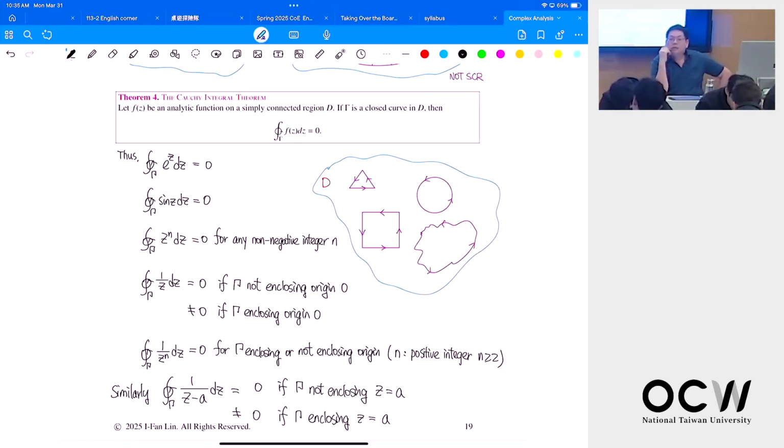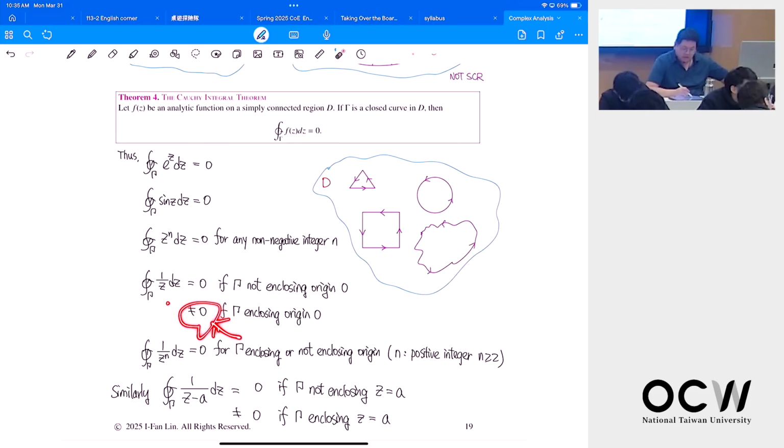Any questions so far? It is either 0 or not 0. If it is not 0, then what is this integration? We will find out right away. And you can see that origin here will be your singular point.